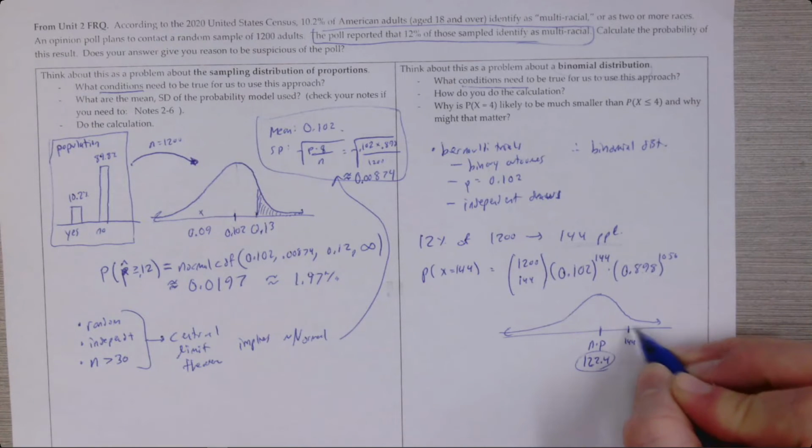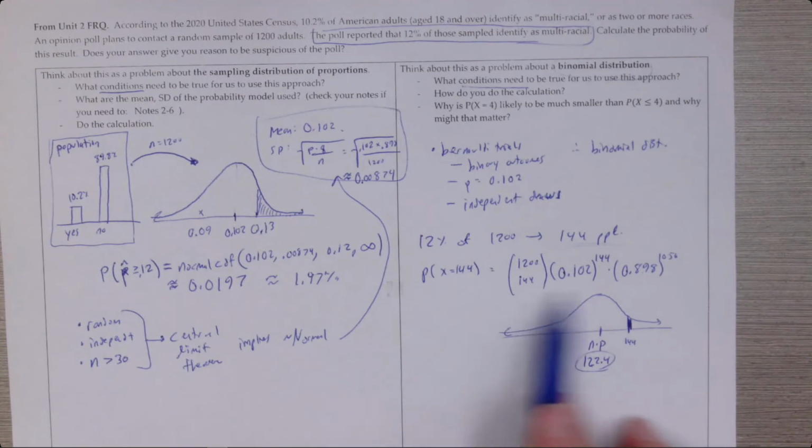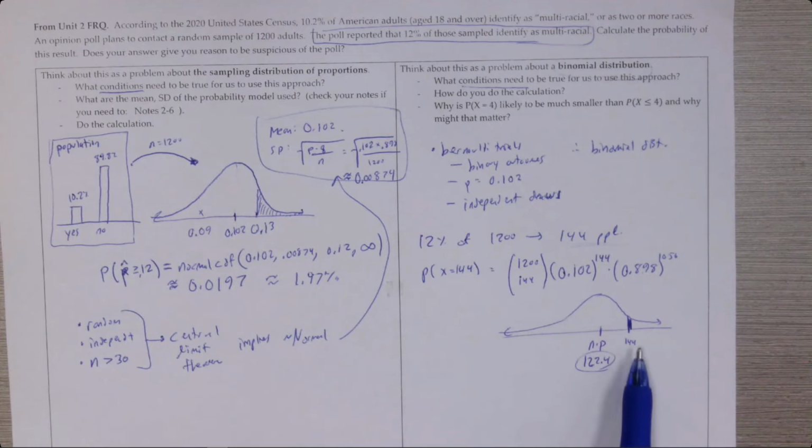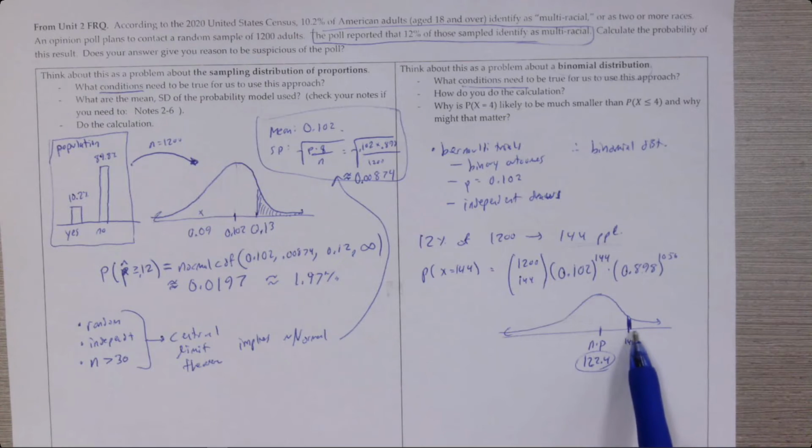And remember, we actually saw in our poll that 144 people were multiracial. So here's 144. The probability that we calculated here is the probability that we would have gotten exactly 144. But we also would have been surprised if 145 had been multiracial, or 146, or 200, or 500.